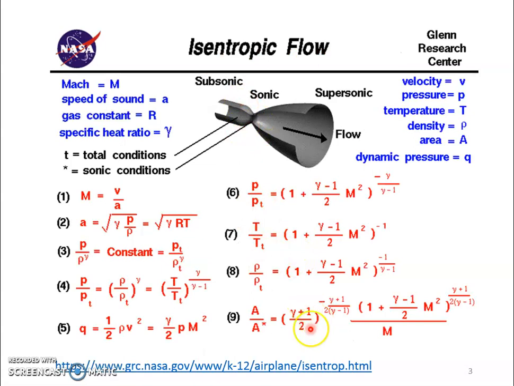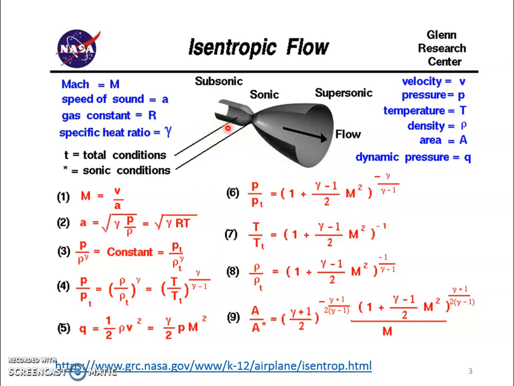If you go to this NASA learning web page, you can see the 3D shape of this converging-diverging nozzle, and why we have to design this kind of shape.